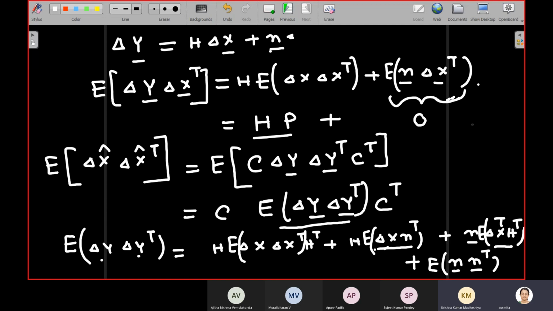Similarly, the third term is also 0. How about the first and fourth term? Tell me quickly what the first and fourth terms will be, and then we'll take a break. How about the first and fourth terms? Do you know the first and fourth term? Yes, ma'am. What are they? In the first term, P will be there, and in the fourth term, W will be there.